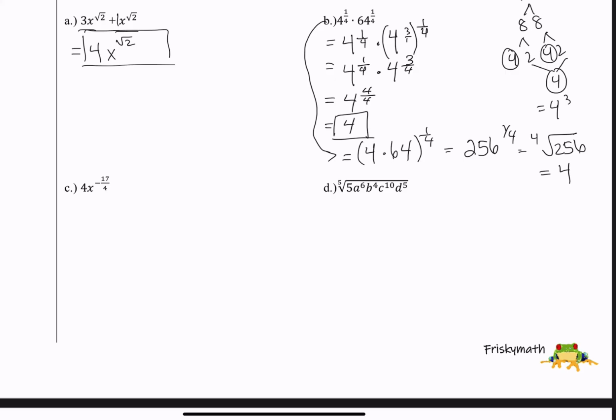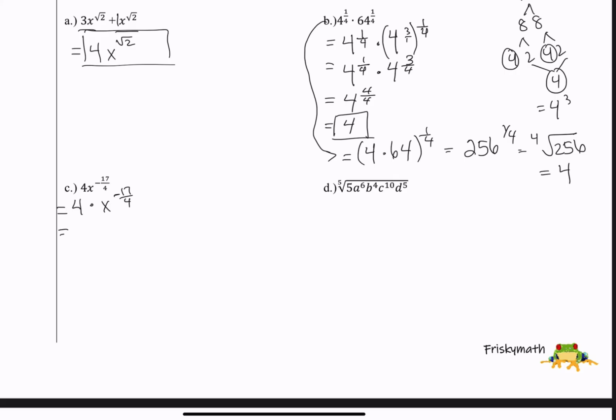Which brings us to C. I think the first key here is for everybody to recognize that only x is being raised to the negative 17/4. 4 is not. This can be rewritten as 4 times x to the negative 17/4. Now, if there had been parentheses around 4x, then yeah, they're both being raised to the negative 17/4. So now what I need to do is just deal with x to the negative 17/4 because you can't have a negative exponent. So I'm going to have to flip the base.